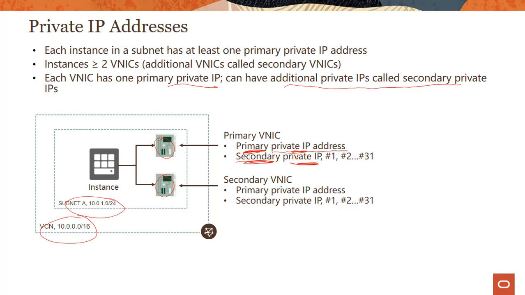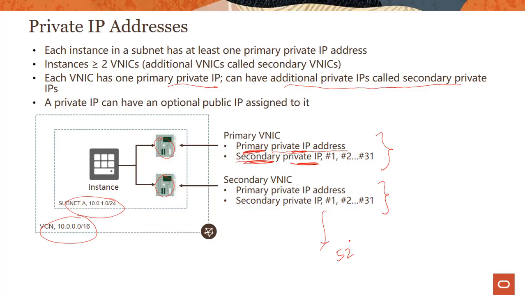You can have 31 additional secondary private IPs, and this pattern is repeated across the VNICs you have, and in some cases you have something like 52 VNICs. So you can have a whole set of primary and secondary private IP addresses there. Now, private IP is mandatory. This is how the instances are configured within the VCN, and this is how they communicate, and how we can reach them.